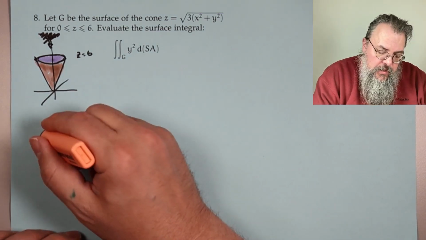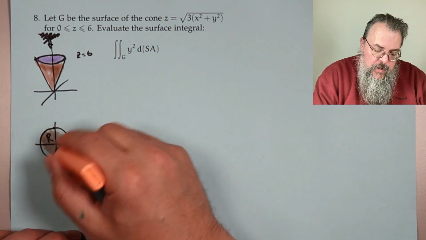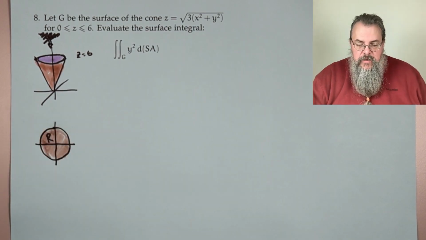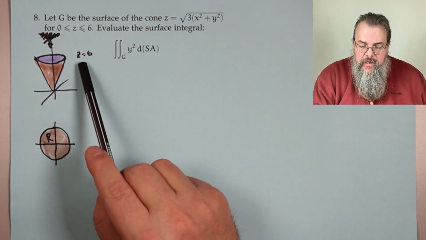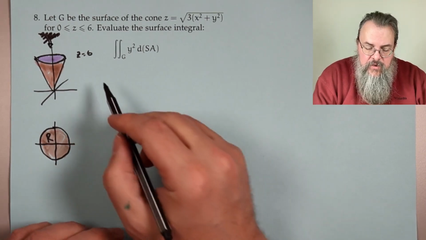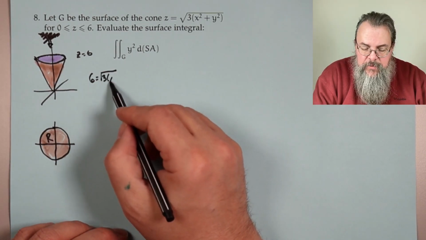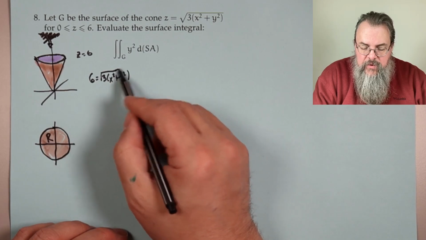All right, well, to answer that, what we're going to do is think about how we have z. We have z equals 6, so we're going to say 6 equals square root of 3 times x squared plus y squared.